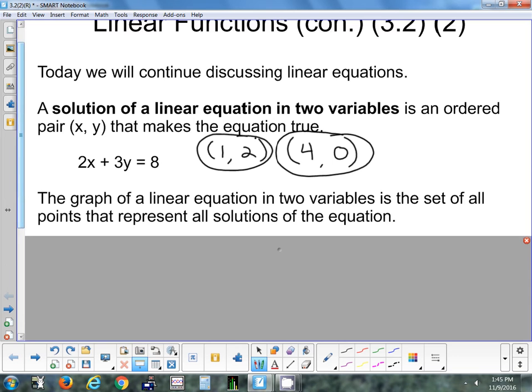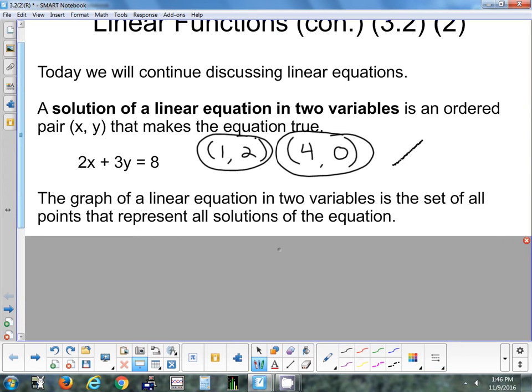So if I want to make a graph of something that looks like this, basically what we're graphing is every single point that makes this true. Every one, not just these two, all of them. Thousands of points. So when you start to put thousands of points together very close, what do you get? A line. Yeah, you get a line.